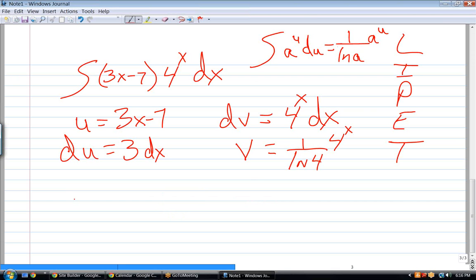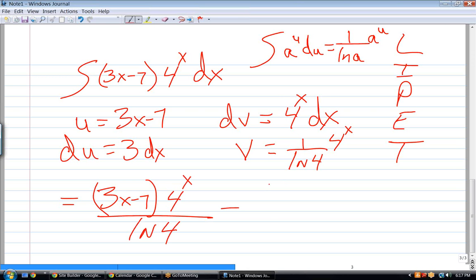Okay, so our expression is now equal to what? uv minus the integral of v du, so that's 3x minus 7 times 1 over ln of 4 times 4 to the x, minus the integral of 1 over ln of 4 times 4 to the x times 3 dx.